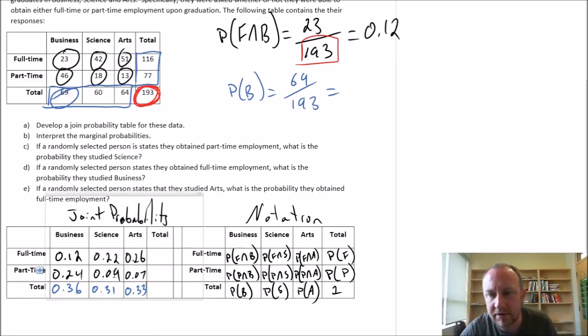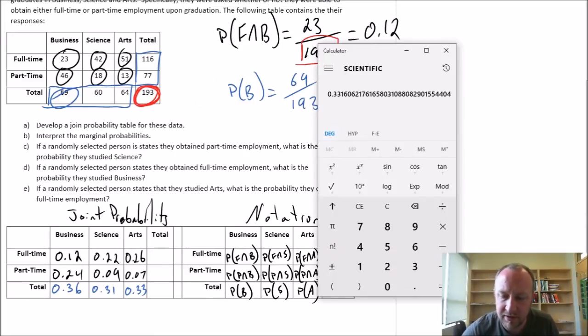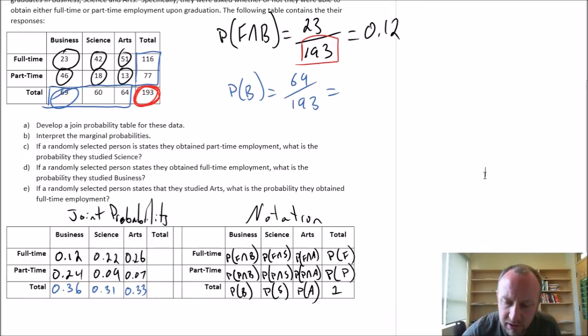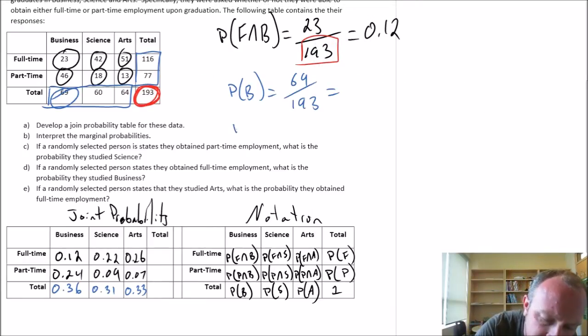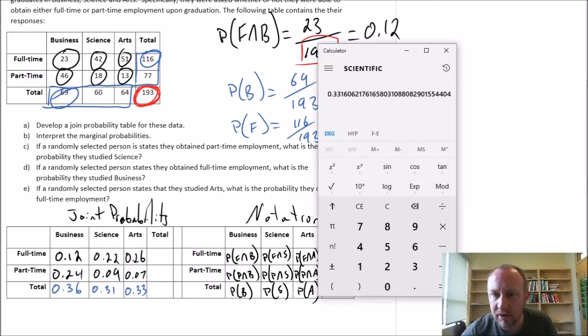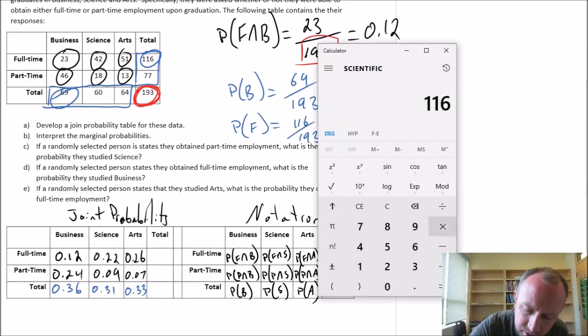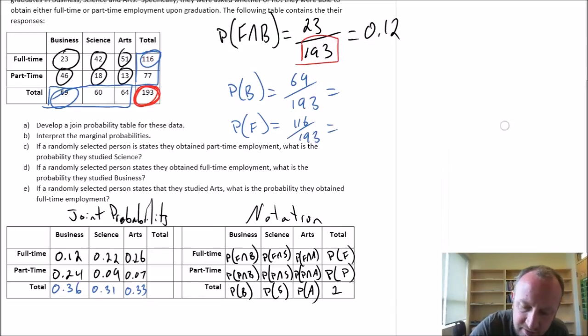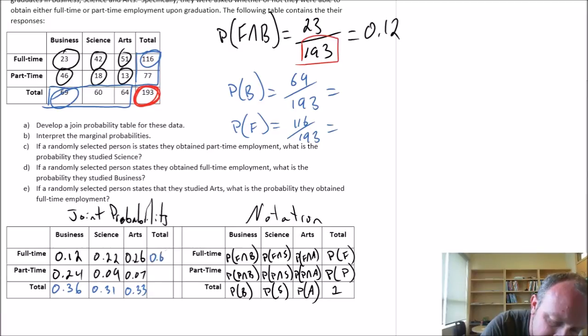And then we can do the same thing now on the full-time and part-time status. So this is going to be probability of full-time employment, 116 divided by always 193. So that's 60%, or 0.6 I should say.